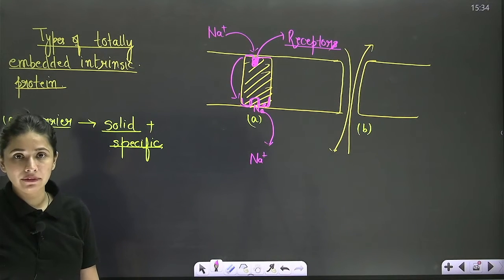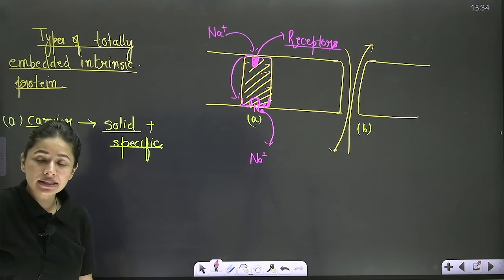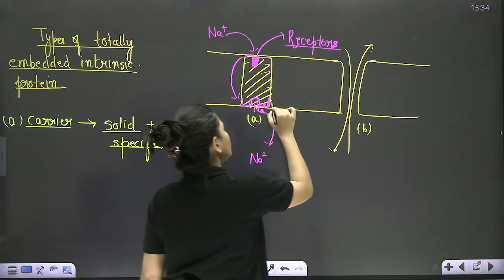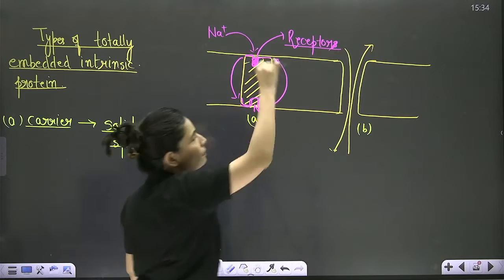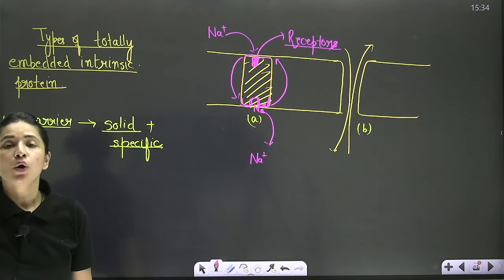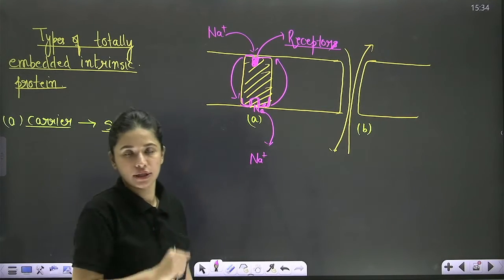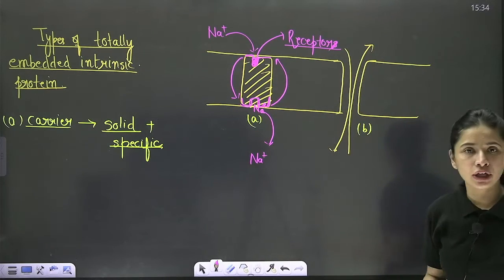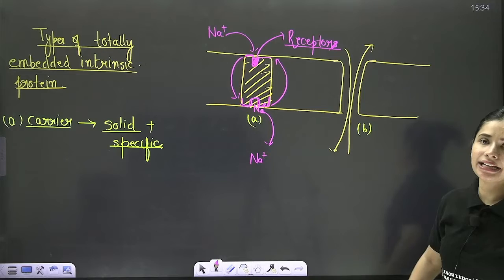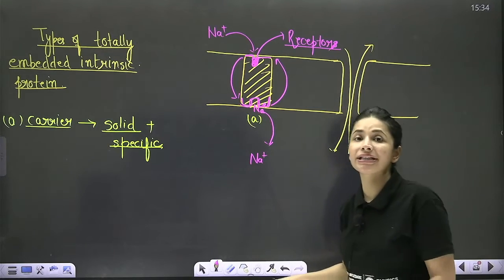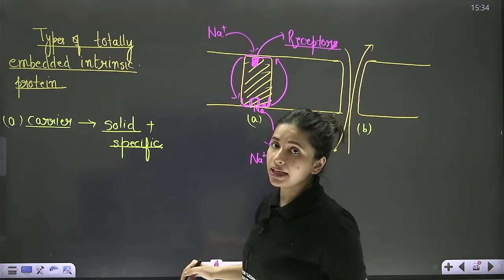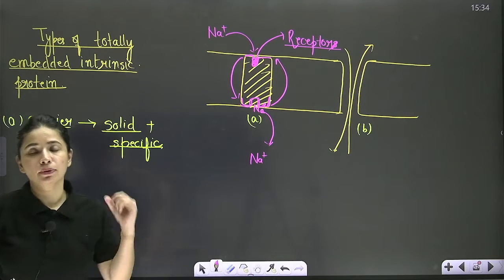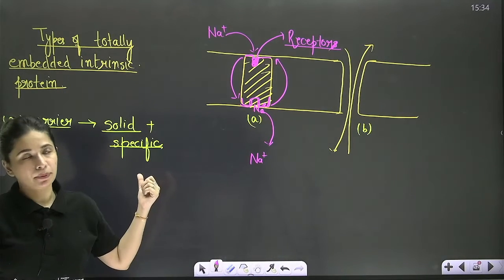Now this sodium will detach, and once this detachment occurs, this protein will go back to its original location. Right? फिर ये वापस जाके अपनी ओरिजिनल लोकेशन में जाएगा and like this the transportation of material is done with the help of solid specific totally embedded protein called carrier protein, right?